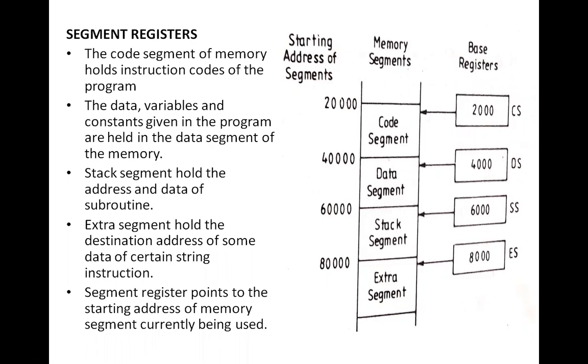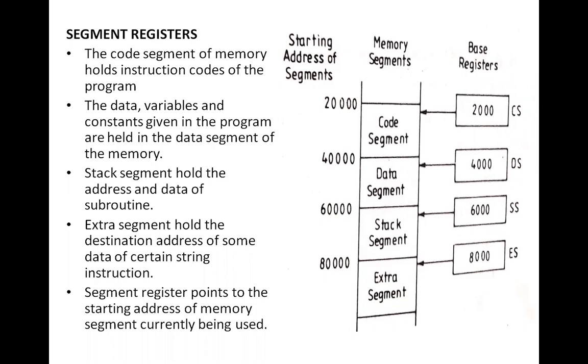As I told you, the segment register points to the starting address of the memory segment currently being used. The code segment register points to the starting address of the code segment, the data segment register points to the starting address of the data segment, and so on.